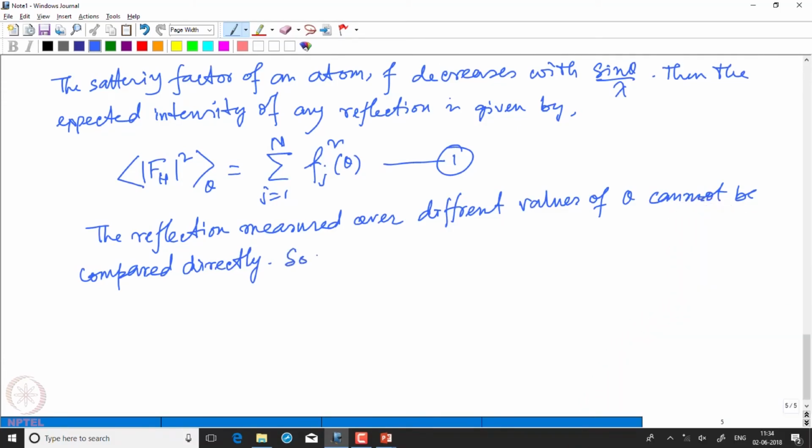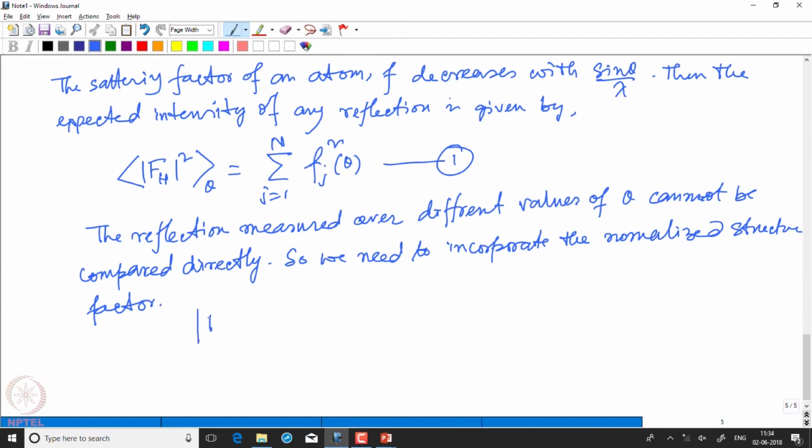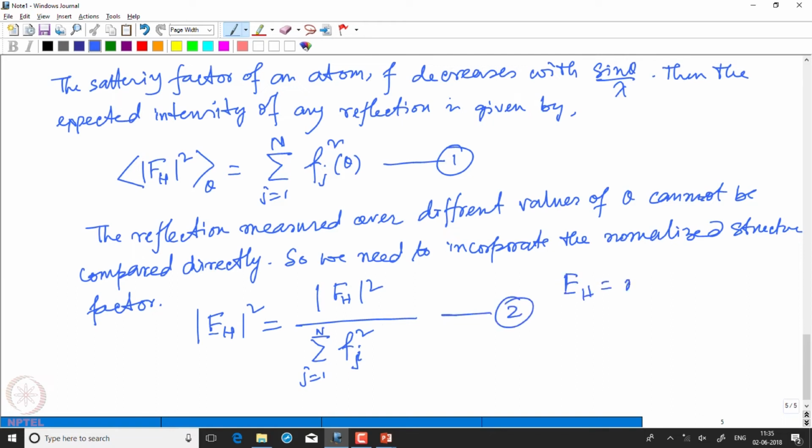So we need to incorporate the normalized structure factor as E_H square, which is equal to mod F_h square divided by the sum over j equal to 1 to n of f_j square, where E_H is the normalized structure factor.